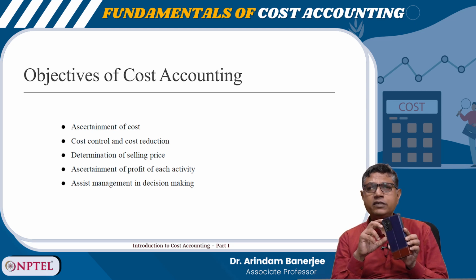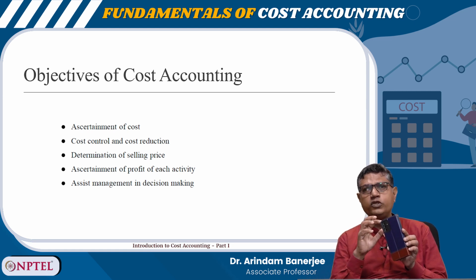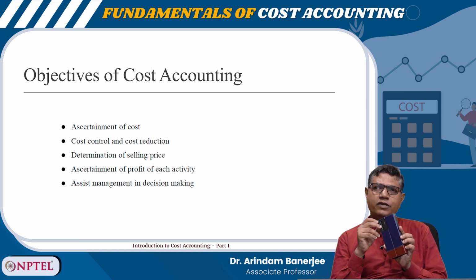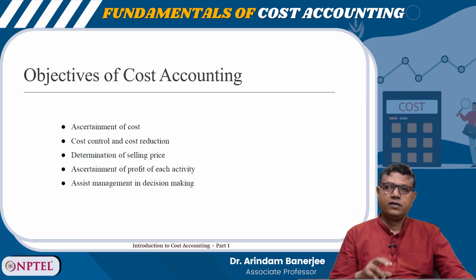How much is the cost of that polypropylene granule or material which is used for manufacturing 1 unit of mobile, that I can calculate. And that calculation is not very difficult also. I can simply calculate how much material is being used; I can say this is the material cost.